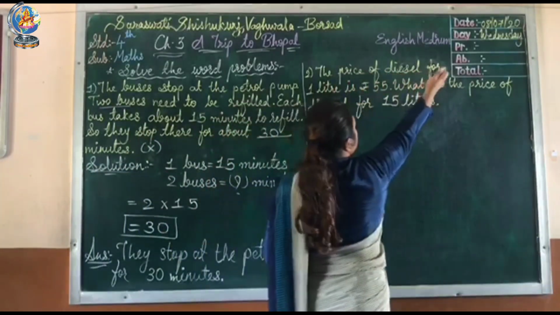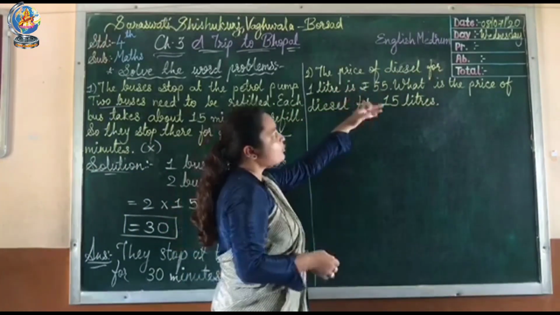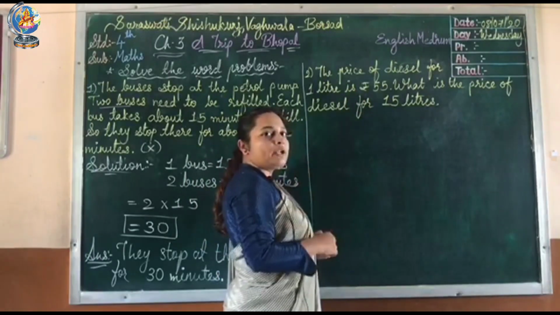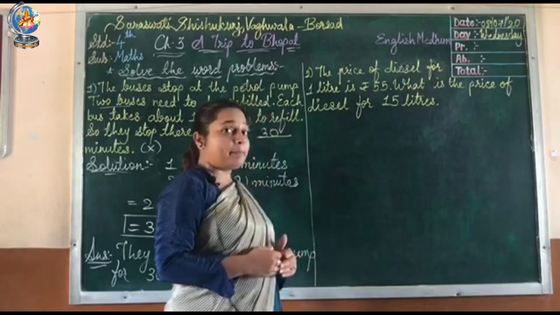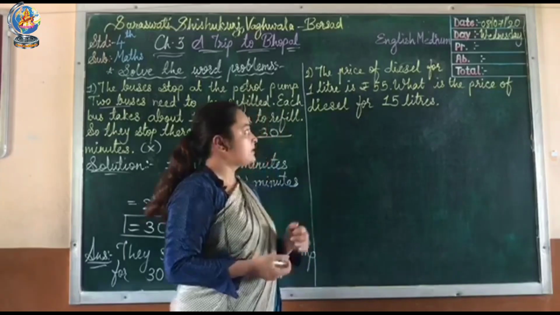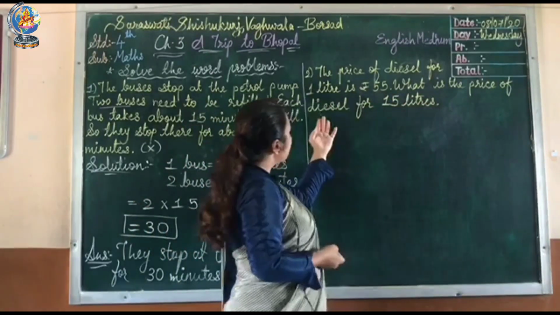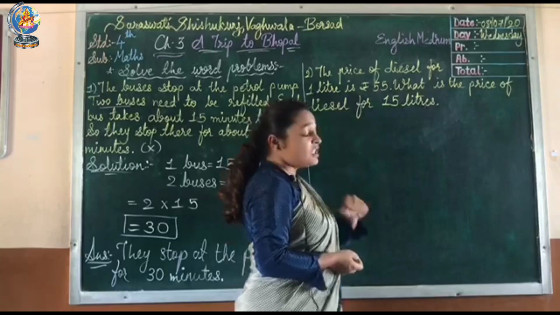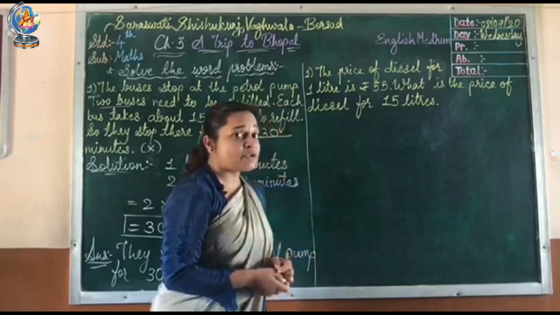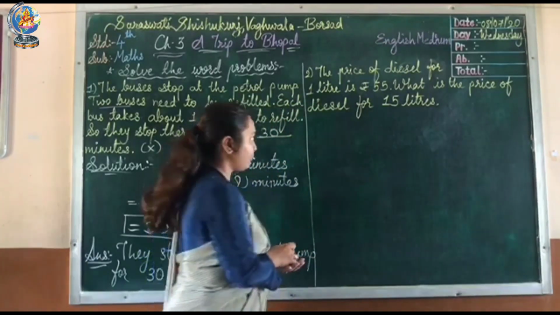The price of diesel for 1 liter is rupees 55. 1 liter diesel price is 55 rupees. What is the price for 15 liters? Okay, so let's do the multiplication again here.